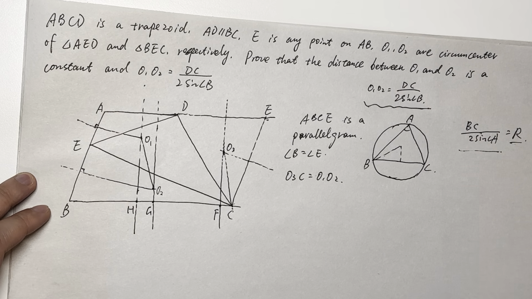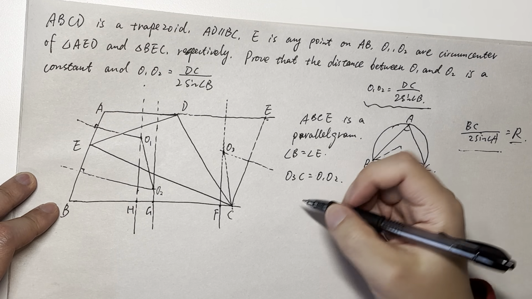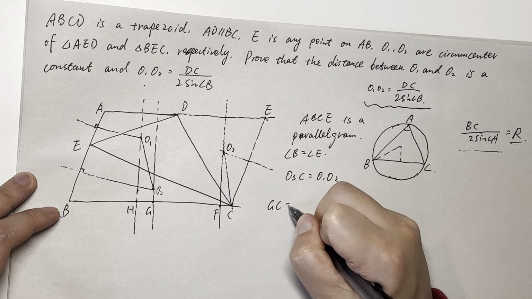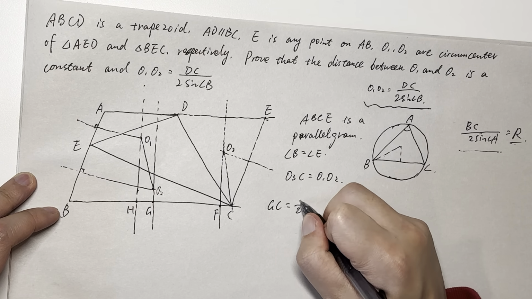So now we know that GC equals half of BC.